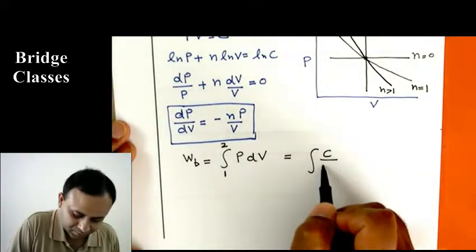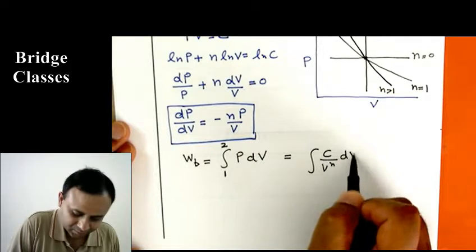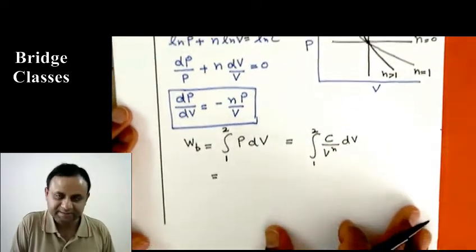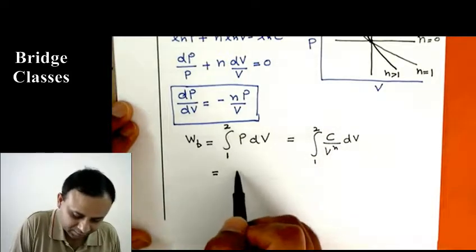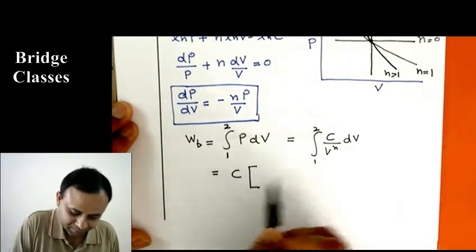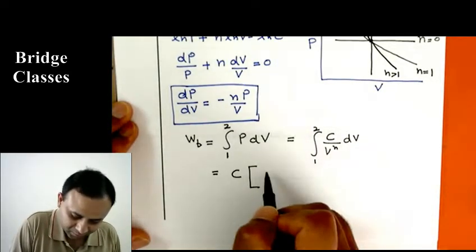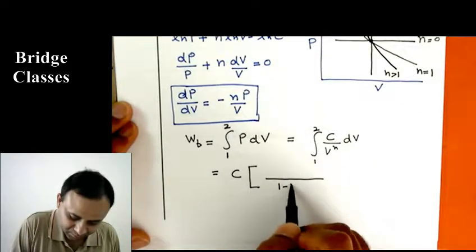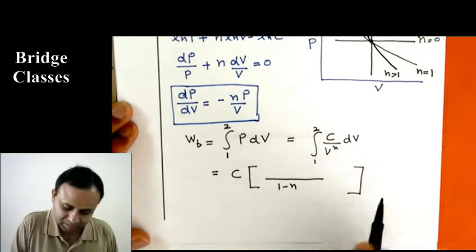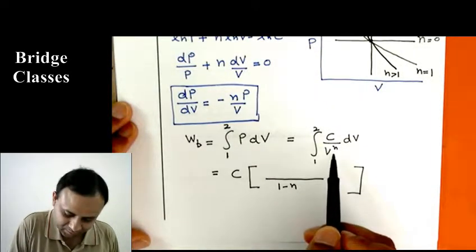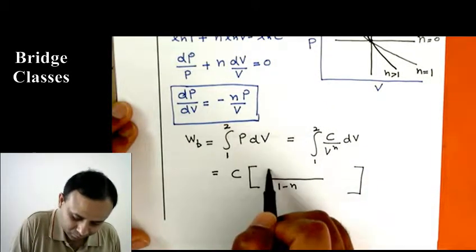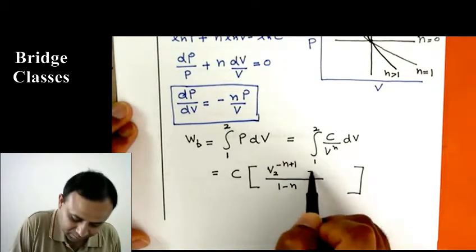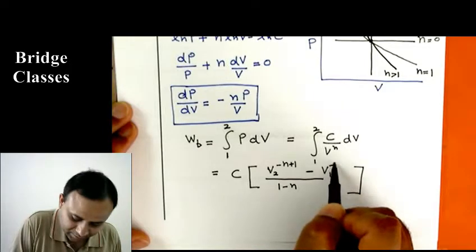So C over V to the n dV from 1 to 2, and C is a constant, so this comes outside of the integral, and the integration of the rest becomes V to the negative n plus 1 over negative n plus 1, and we'll have the term here V2 to the negative n plus 1 minus V1 to the negative n plus 1.